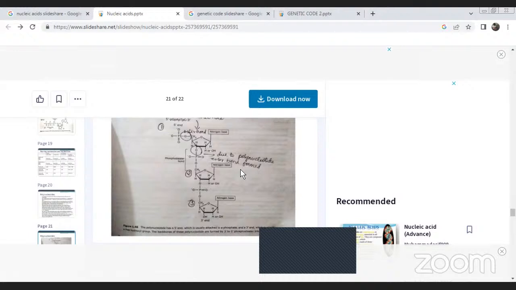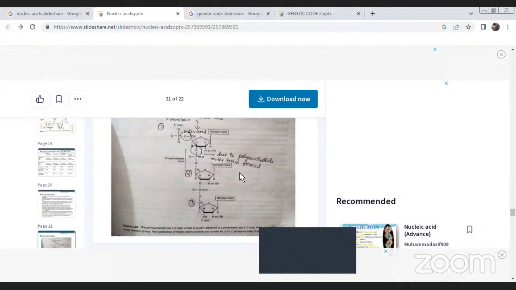A gene is a segment of the DNA molecule. Next, alleles are the different forms of the same gene.